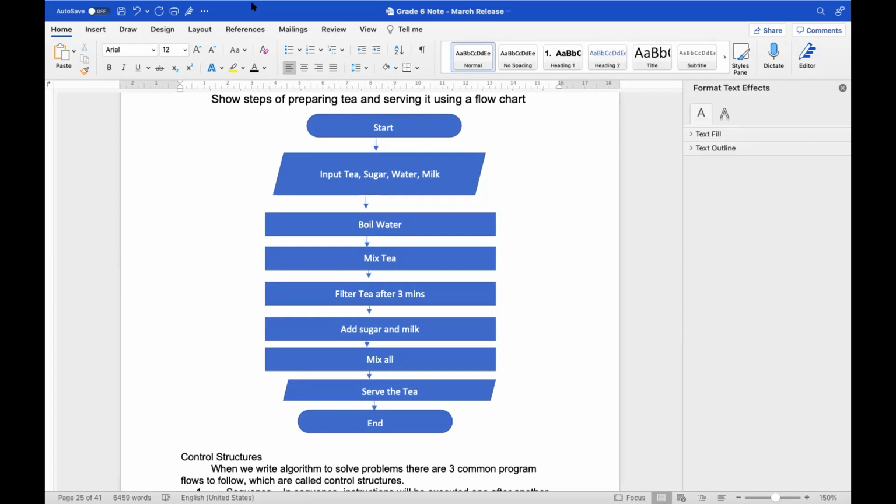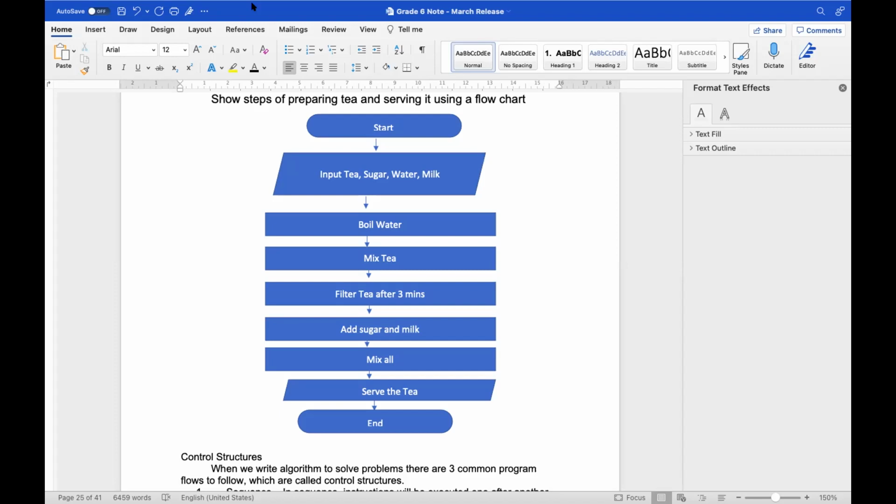Can you remember? Sir, we didn't do it. We did that, we discussed that. So can you remember sequence, selection, and repetition?